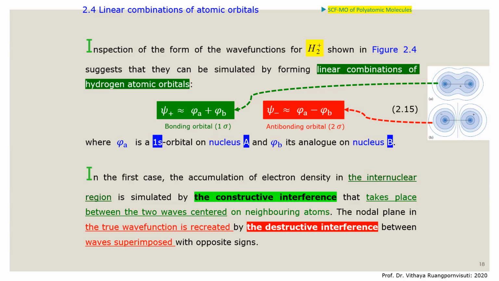The right hand side orbital corresponds to the anti-bonding orbital, or 2 sigma orbital. Phi A and phi B are the 1s orbitals on nucleus A and nucleus B respectively.